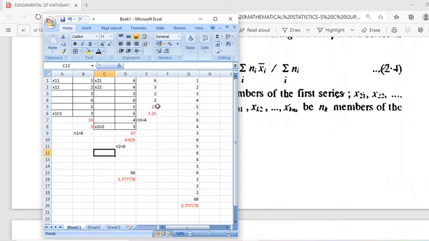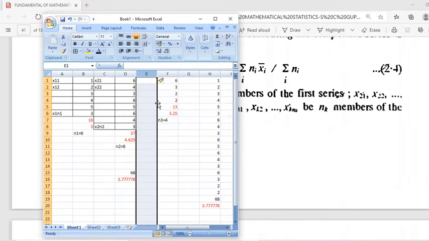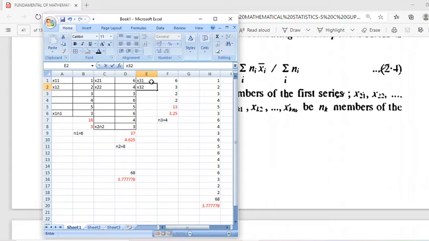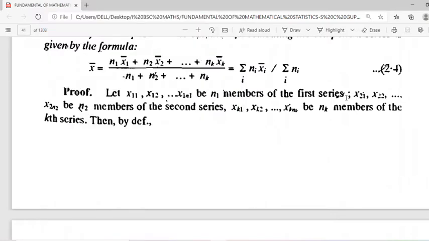And here also we have another set of observations: x31, x32, etc., up to x3 n3. So that is the notation for the observations of each series.